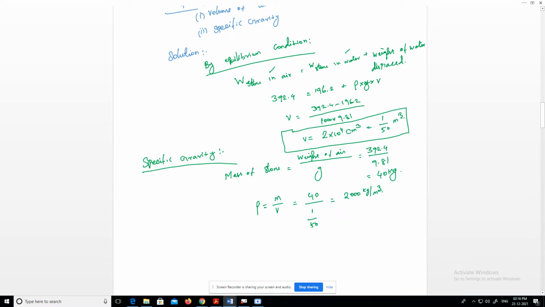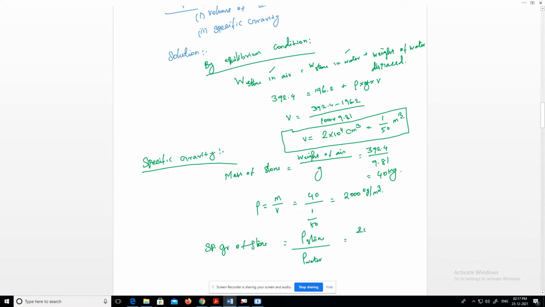Right. Density is known. Now we have to find out the specific gravity. What's the formula for specific gravity? Specific gravity of stone is equal to density of stone to the density of water.